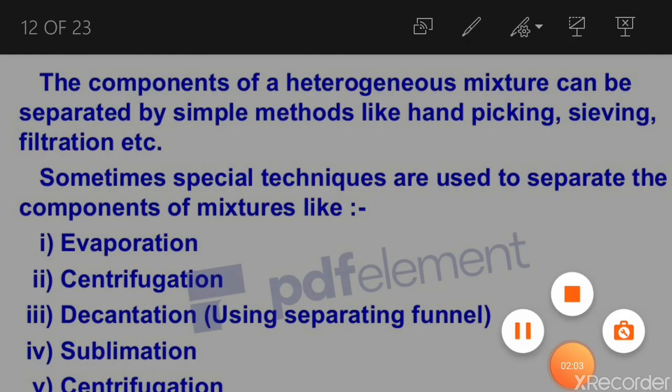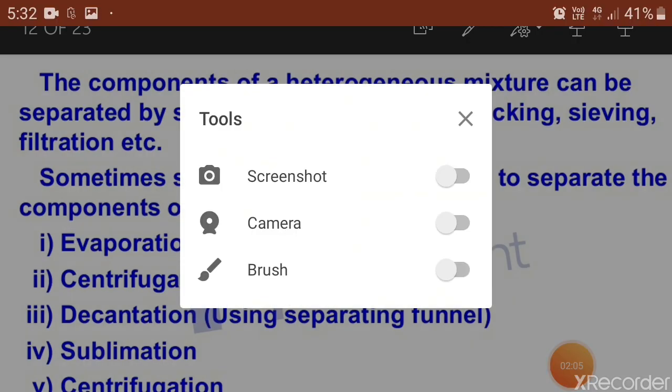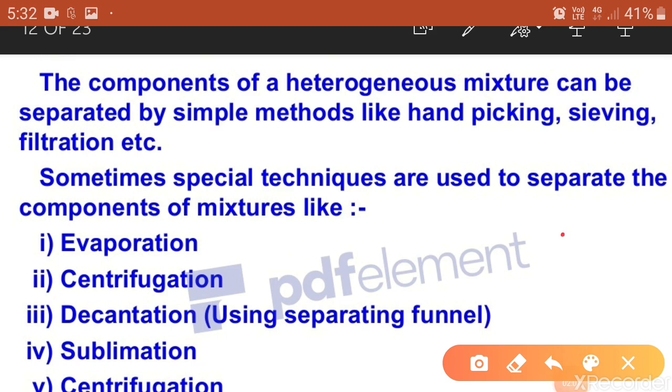The components of a heterogeneous mixture can be separated by simple methods like hand picking, sieving and filtration. But sometimes we use special techniques to separate the components of a mixture. What are these techniques?